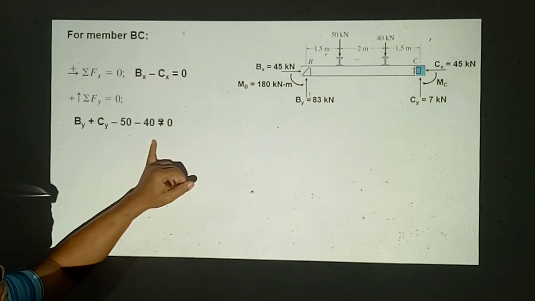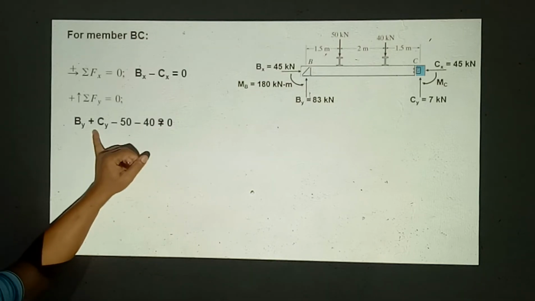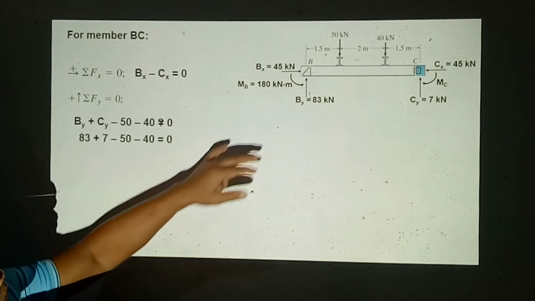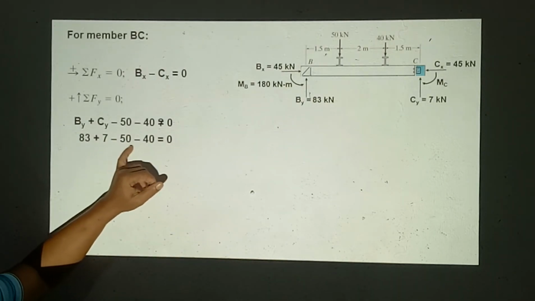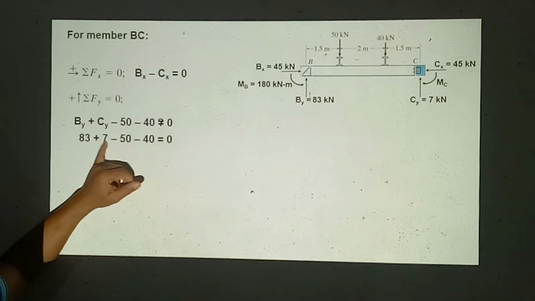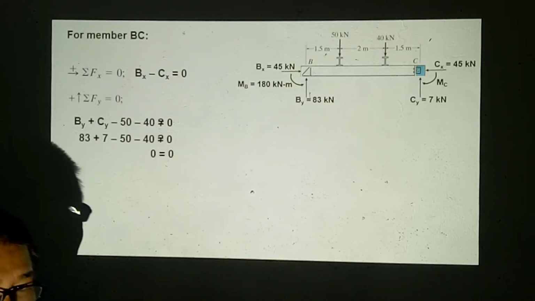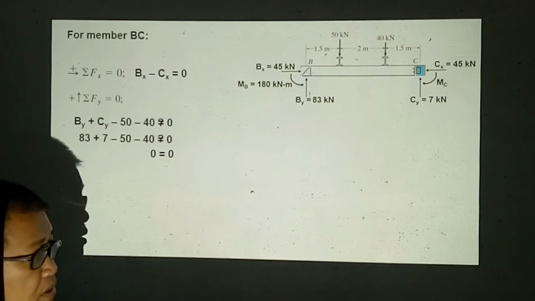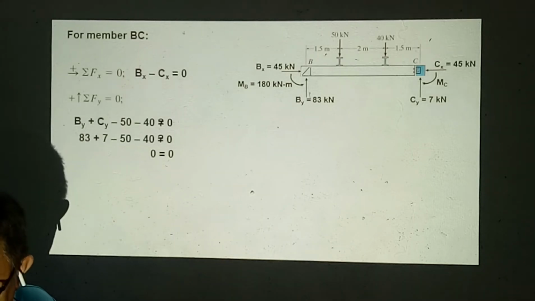Is it equal to 0? We have a question mark because we still have to substitute the computed values: 83 plus 7 minus 50 minus 40 equals 0. This is 90, and this is also 90, so 0 equals 0. There is also equilibrium along the vertical direction.